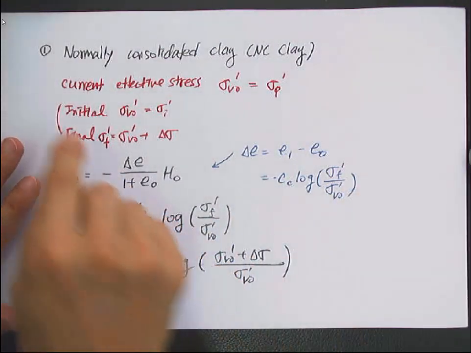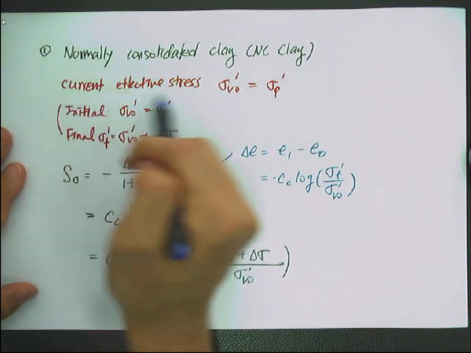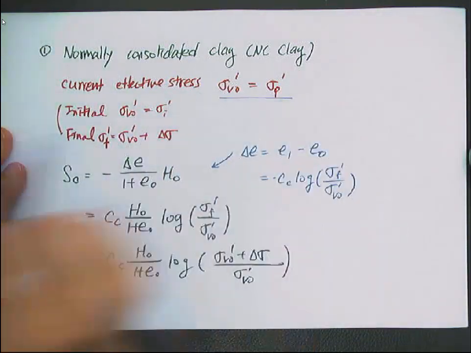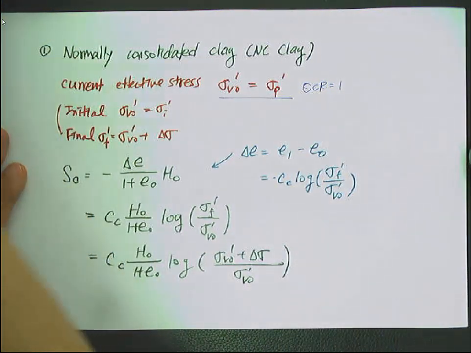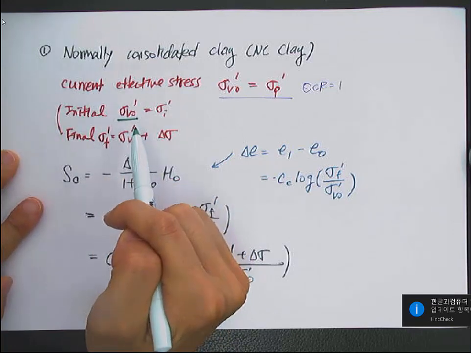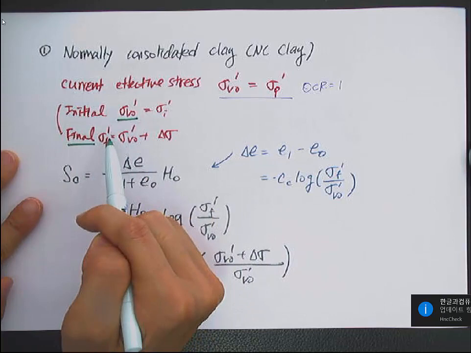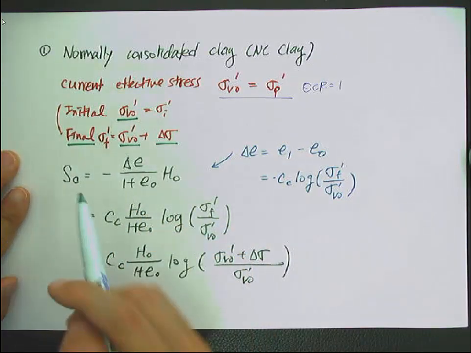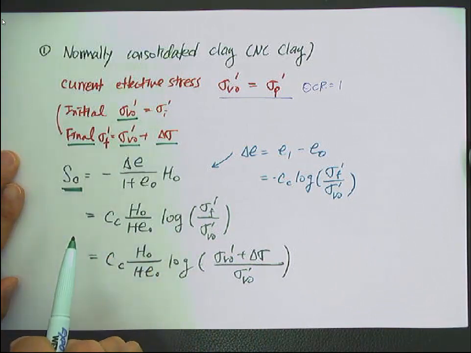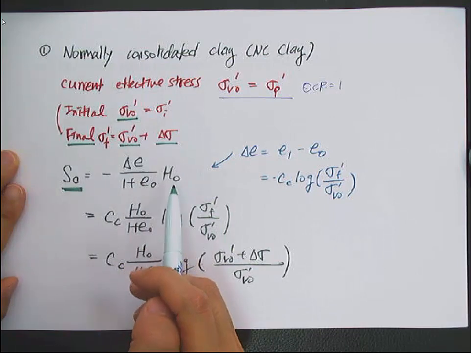First, when we have a normally consolidated clay, NC clay, the current vertical effective stress is the same as the pre-consolidation stress, so the OCR is just 1. Okay? And the initial vertical effective stress is sigma v naught prime, and the final is sigma f prime, that's the initial value plus delta sigma. Then consolidation settlement is minus delta e over 1 plus e naught times H naught.